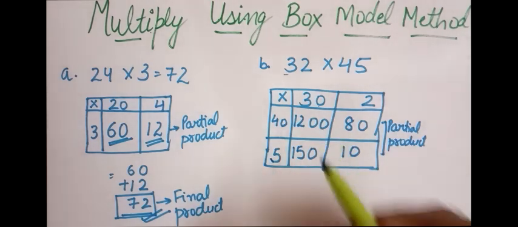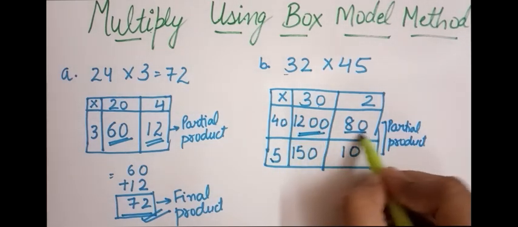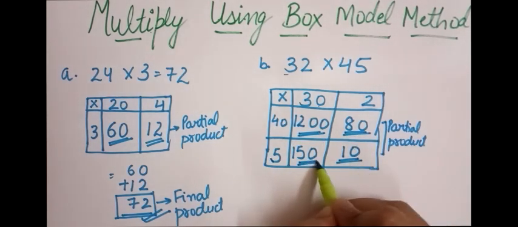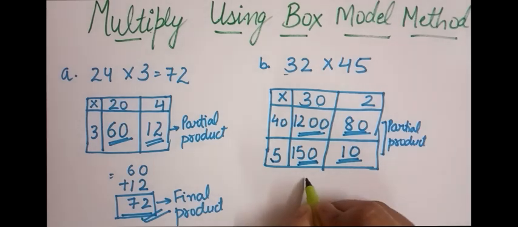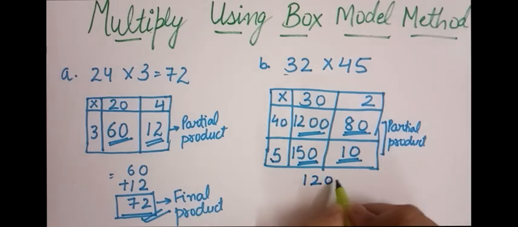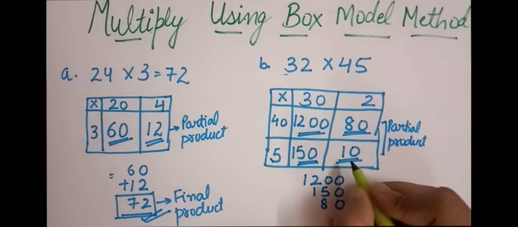Here we have 4 partial products: 1, 2, 3 and 4. So I'll be adding all 4. That is 1200 plus 150, plus 80, plus 10.